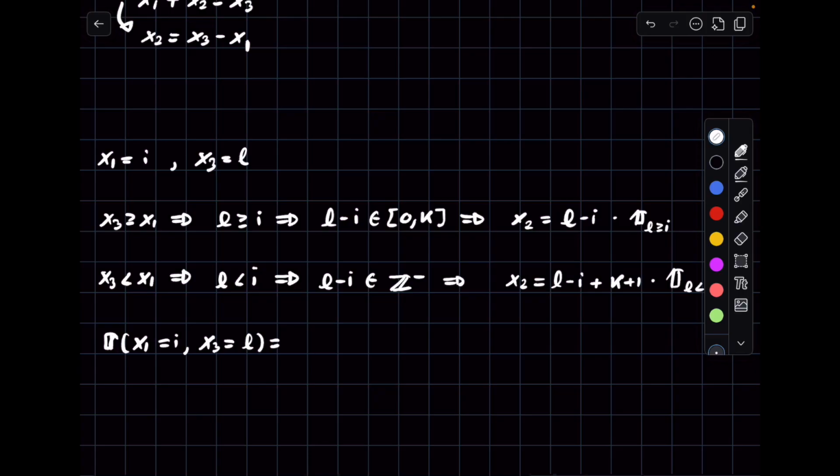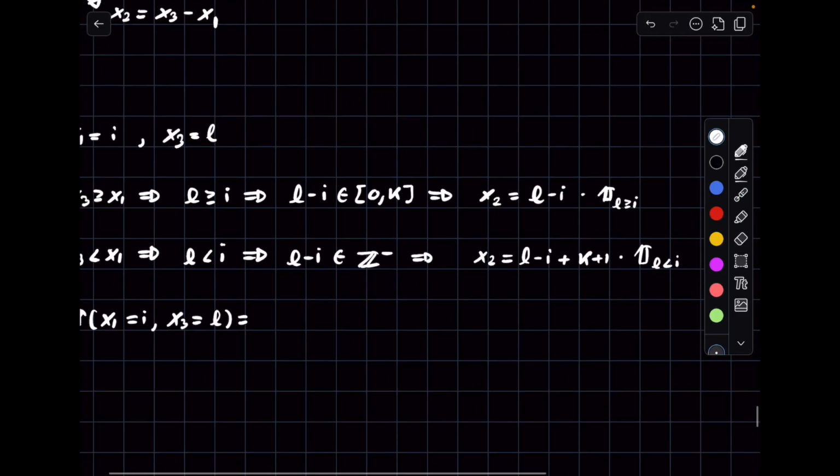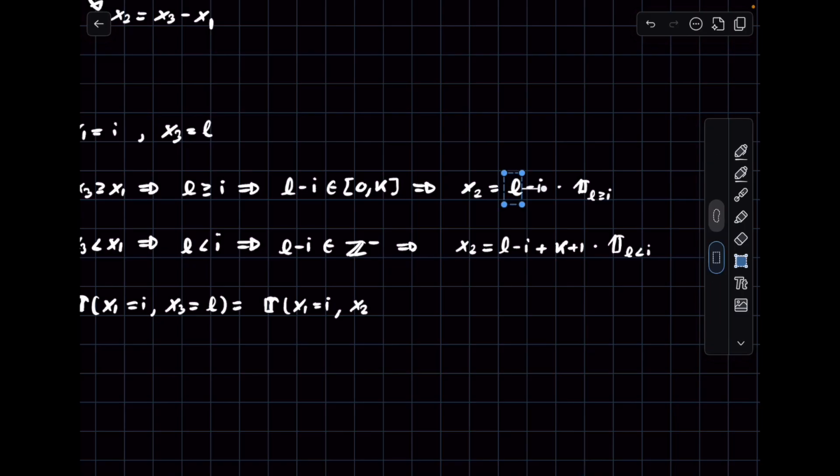So in order for x3 to be equal to L, then we need these two. Meaning that if we multiply them, we have x1 equal to I, and x2 is equal to this.